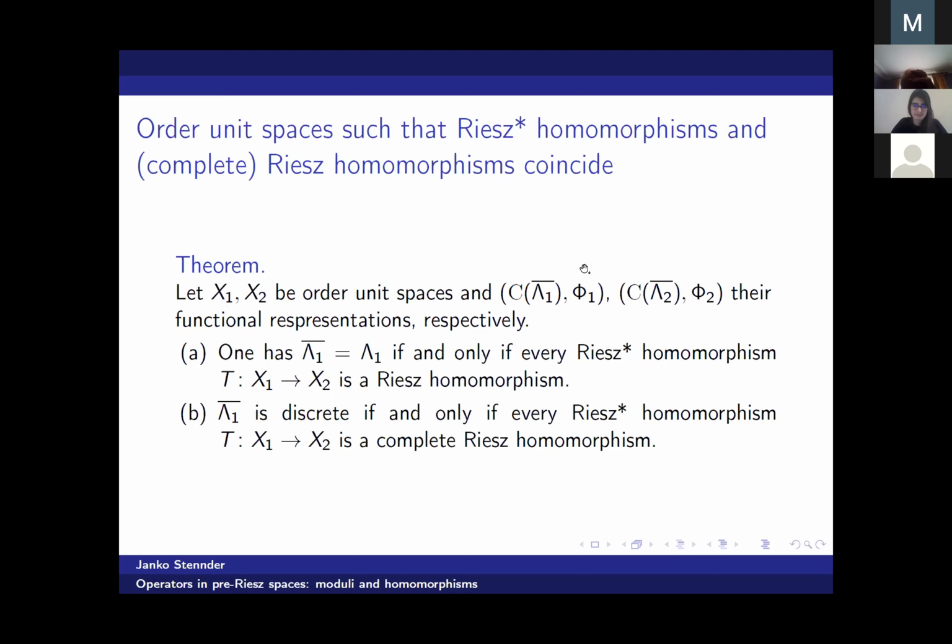There you only need the point evaluations on the domain space, so the codomain space doesn't really matter. You use point evaluations as the main technique, basically. But you do need that the codomain is an order unit space. Yes, exactly. Okay.